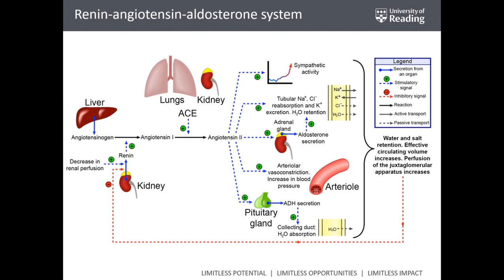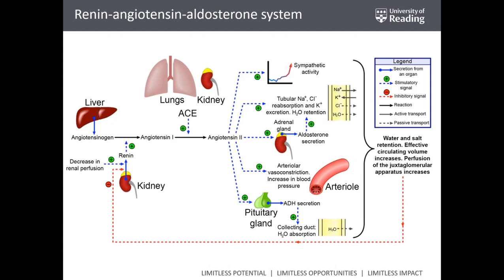These two events, which correspond to a decrease in renal perfusion, lead to the secretion of renin from the macula densa cells. Well, the glomerular cells stimulated by the macula densa cells. And renin converts angiotensinogen, which is a protein secreted into the blood by the liver, into angiotensin 1.